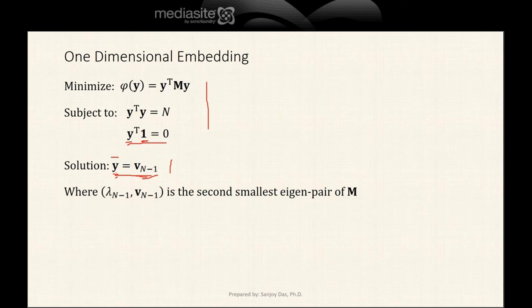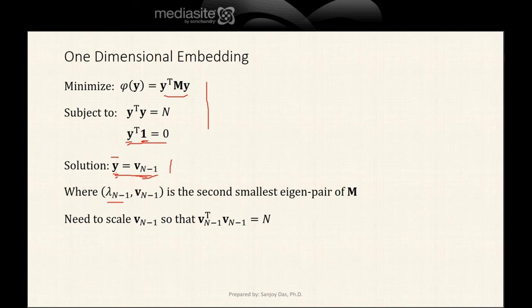And what would be the value of y transpose My in that case? Since we want to minimize it, lambda n minus 1. Now, we know that each eigenvector is a direction, and usually it's normalized so that the eigenvector is a unit vector.